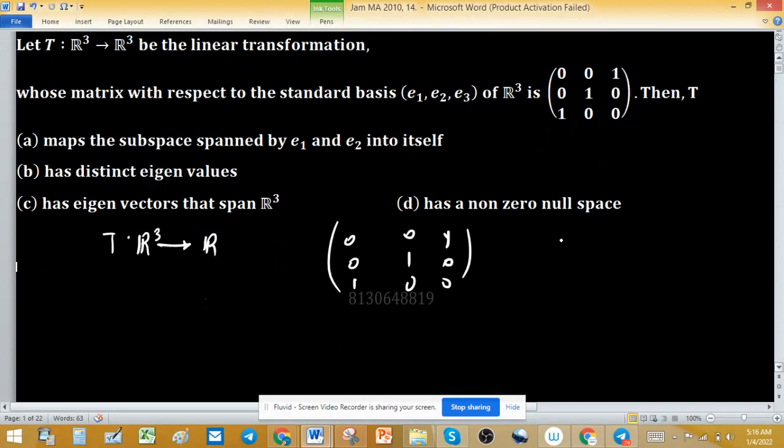So first, interchange two rows. It will be reduced to this form: 0, 1, 0 and 0, 0, 1.